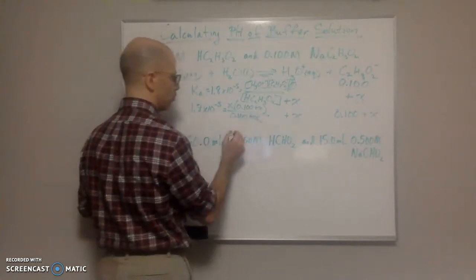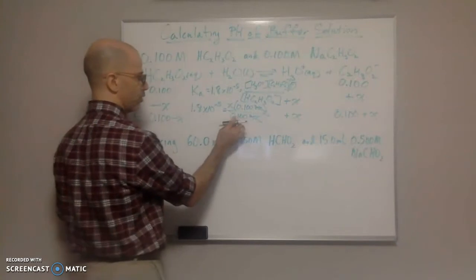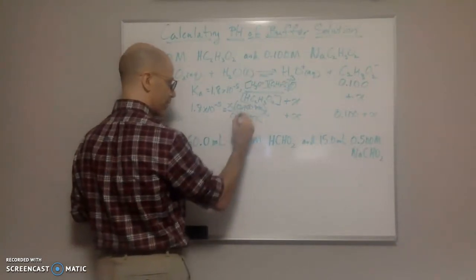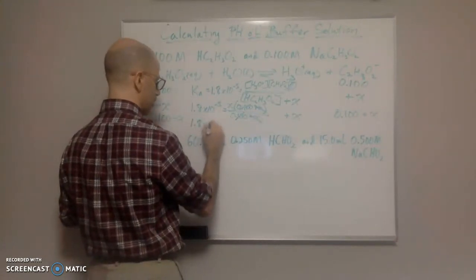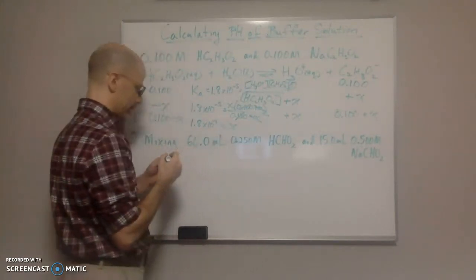So we get rid of the x's. And so when you get rid of the x's, it's just 0.100 over 0.100, so that cancels out. And so x, 1.8 times 10 to the negative 5, ends up equaling x.